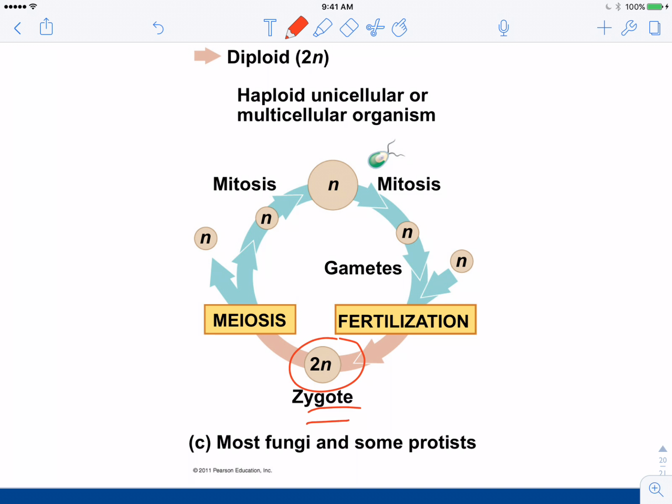It's just the diploid zygote. It divides via meiosis into haploid cells, which then divide via mitosis into a multicellular organism. The multicellular organism divides again via mitosis into gametes. Two gametes fuse via fertilization to form the zygote, and the whole process begins again.